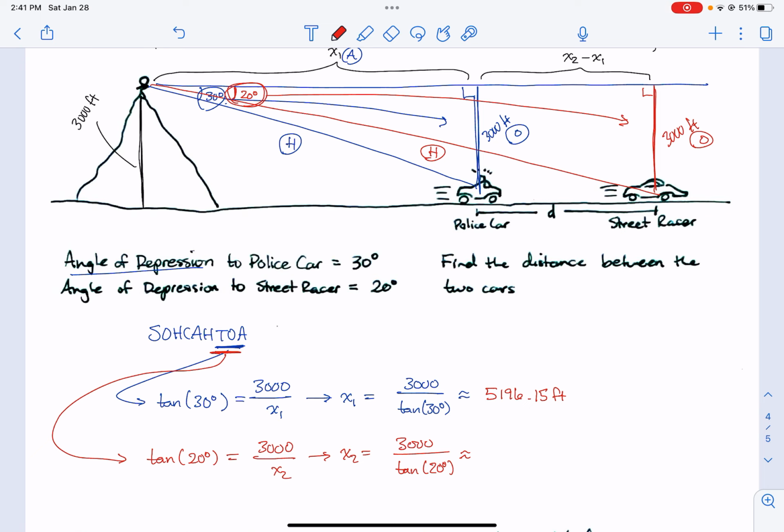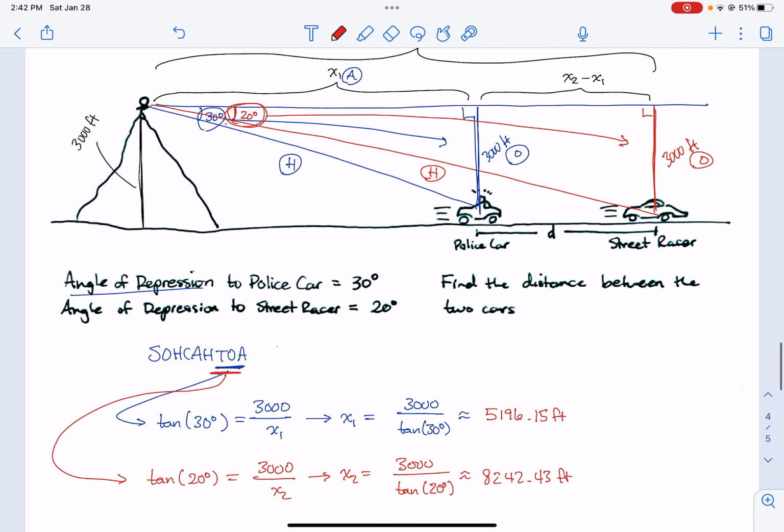That way you don't have to type it all out from scratch. Press enter, and I should get a bigger distance this time, which I do. I get 8,242.43 feet.